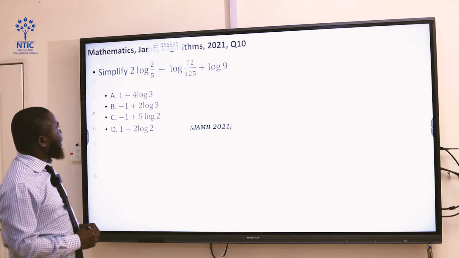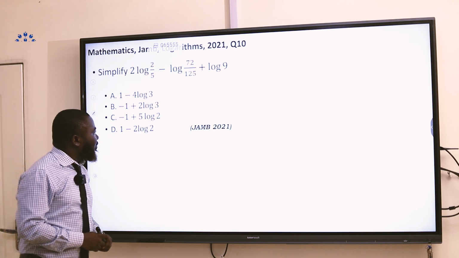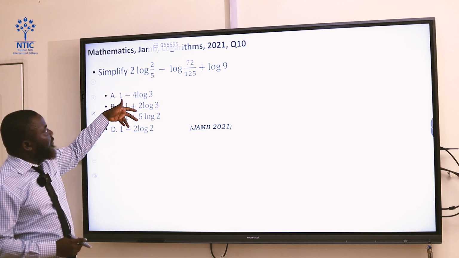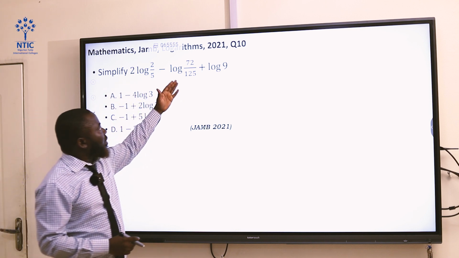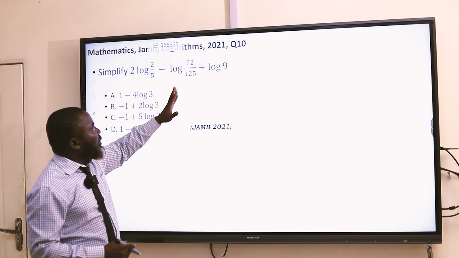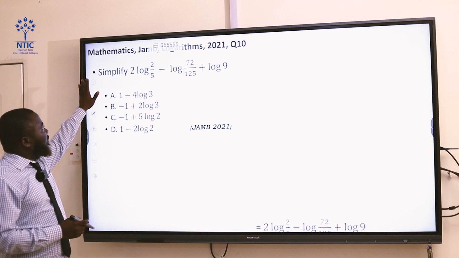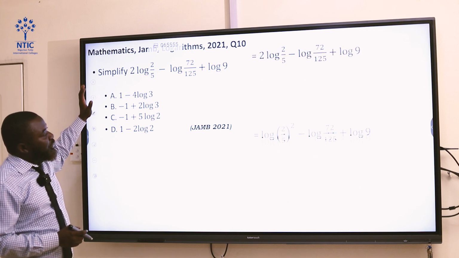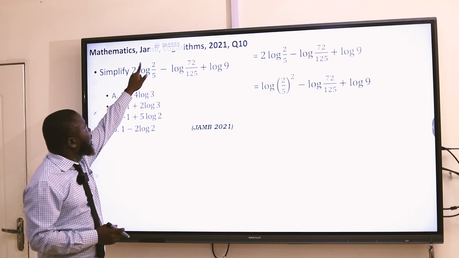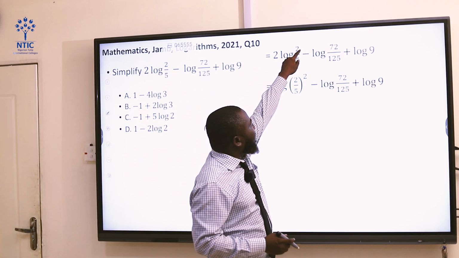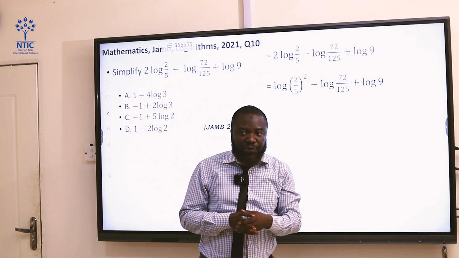Now the next question says, simplify 2 log 2 over 5 minus log 72 over 125 plus log 9. To solve this problem, we will have to first of all return this 2 back to this place as a power of 2 over 5.